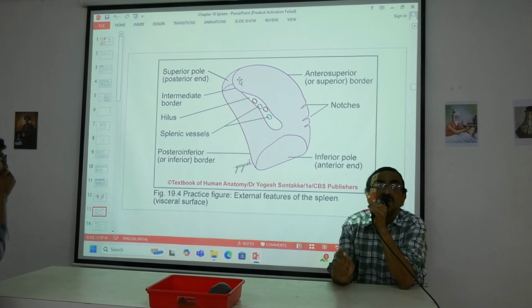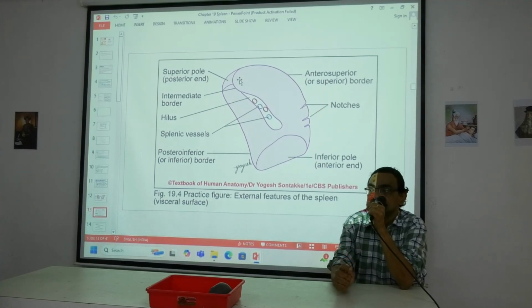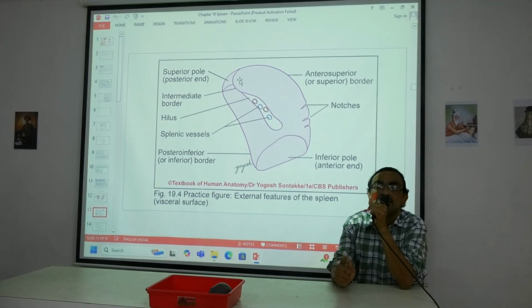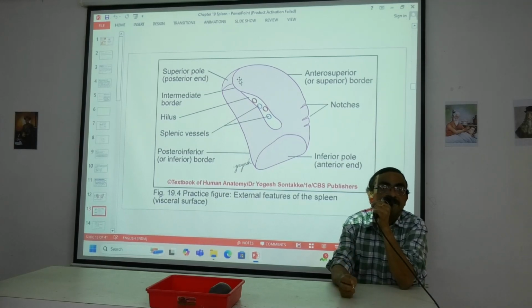Actually, the spleen is very important for clinicians. In medicine, in the clinics, you will get splenomegaly.